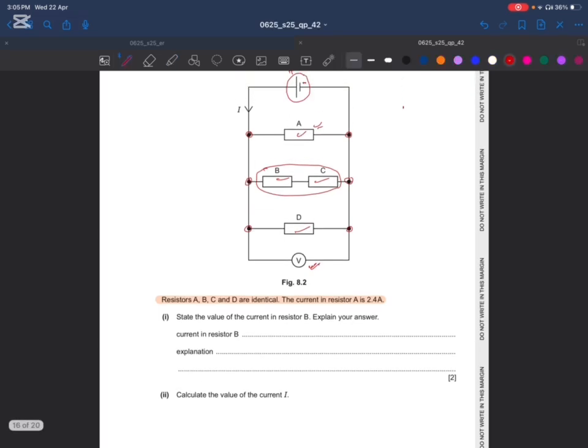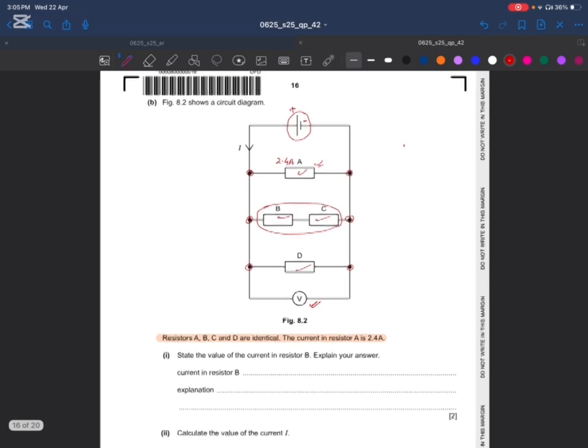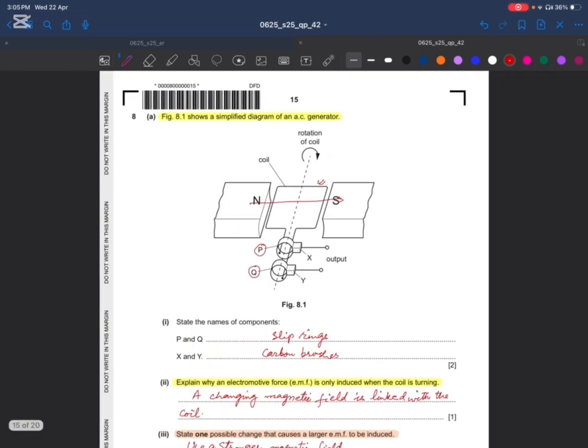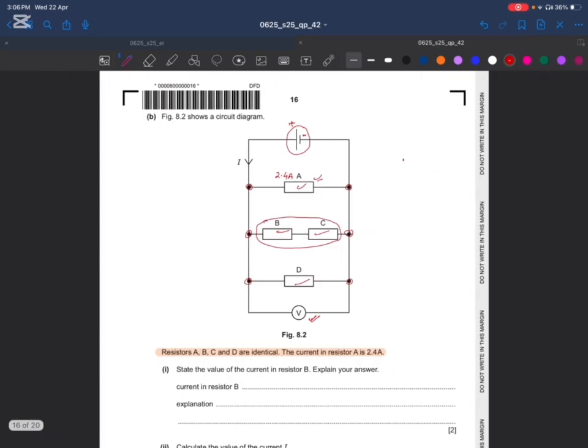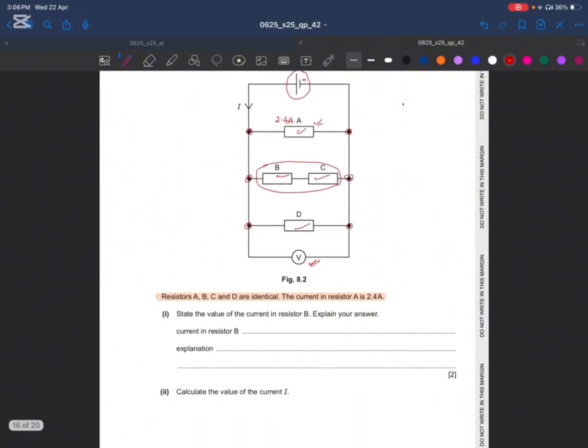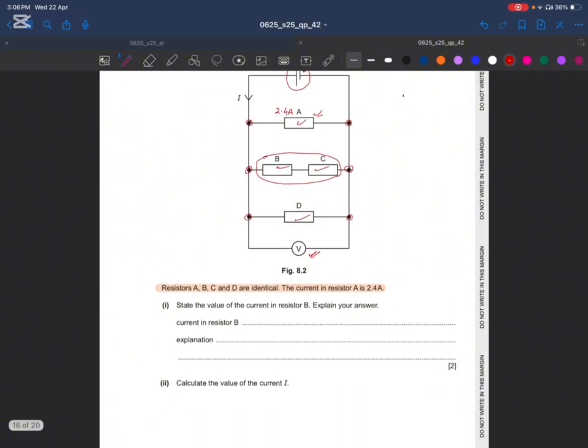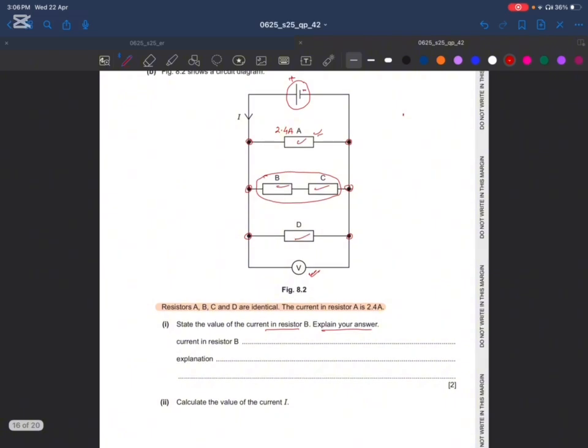So what they are telling you is that the current is 2.4 ampere. Okay. So this is very important. And next thing is to state the value of the current in the resistor B. Explain your answer. So remember one thing, that you need not calculate anything, but only one concept you will use here.